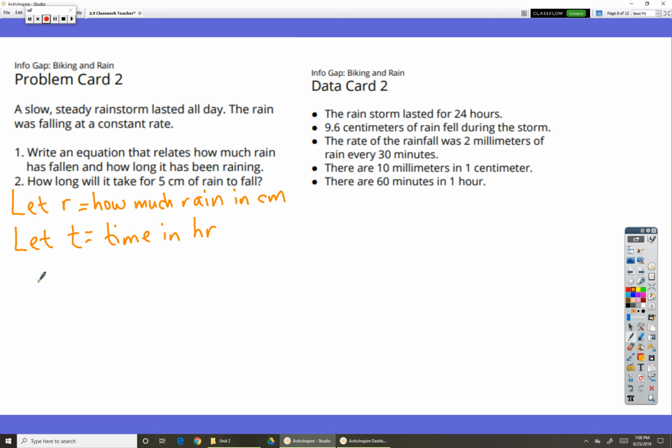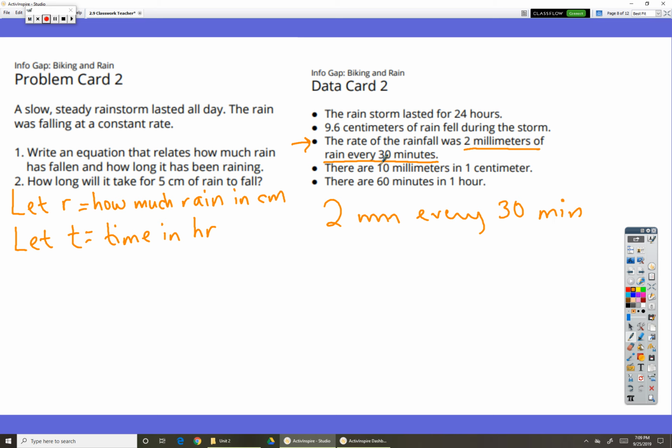So my equation is going to be based on one of my rates here, and it says the rate of the rainfall was 2 millimeters of rain every 30 minutes. Okay, well, that doesn't really fit. I want to do how much rain in centimeters, and I want to do how much time in hours. So let me just say 2 millimeters every 30 minutes.